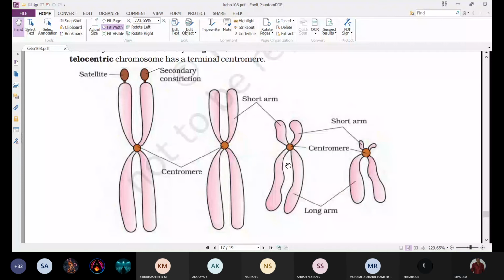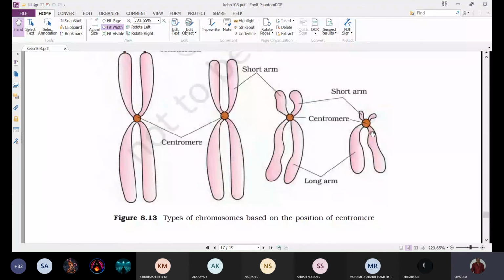And the fourth one is a telocentric. We can see here the centromere is almost present at the tip with a very short arm, and that is called telocentric. So we have metacentric, submetacentric, acrocentric, and telocentric chromosomes. So that is what we can see here.